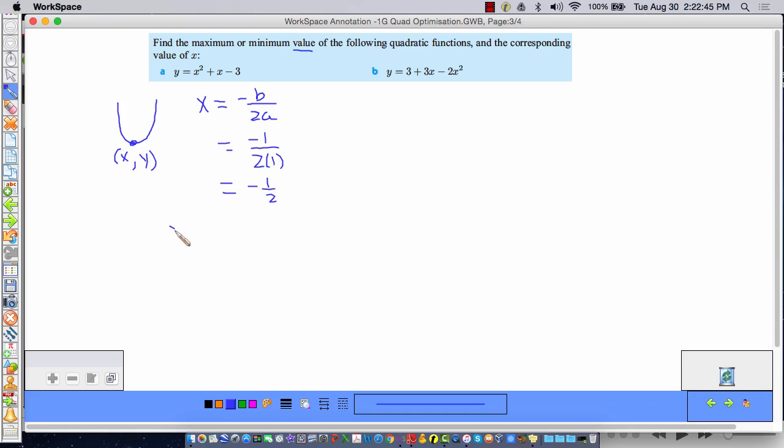So to find the y value, I say negative 1/2 squared, substituting it into the original function, minus 1/2 minus 3. And without doing the work, I'm going to tell you that that is equal to negative 3 1/4, or it could have been negative 13/4. Doesn't matter which. So we have a minimum value.